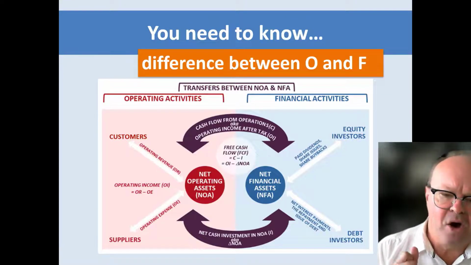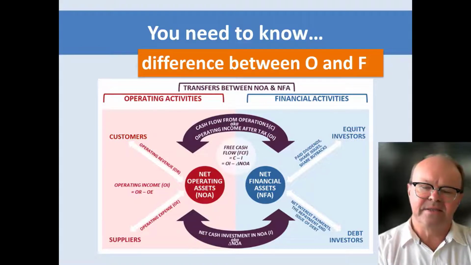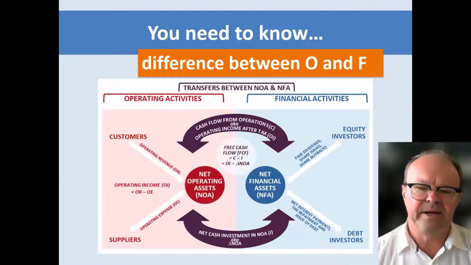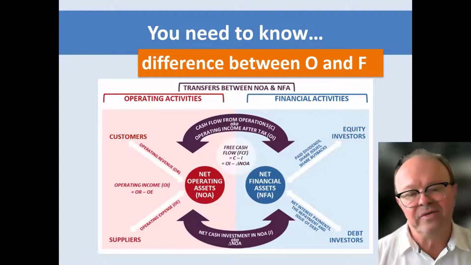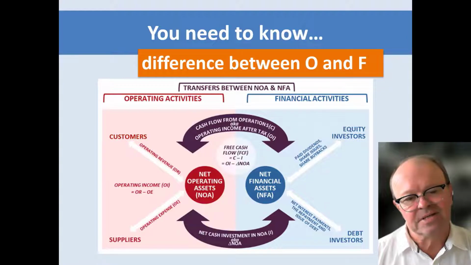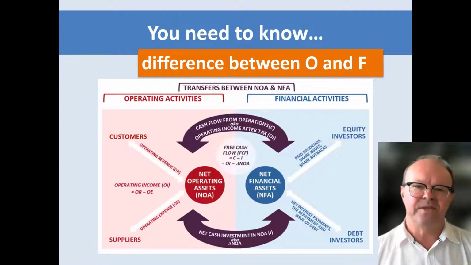And so the operating activities are represented by the net operating assets that we have to support our operating activities. And the operating income is operating revenue, that's our interactions with our customers, less the operating expenses, which is our interactions with our suppliers.